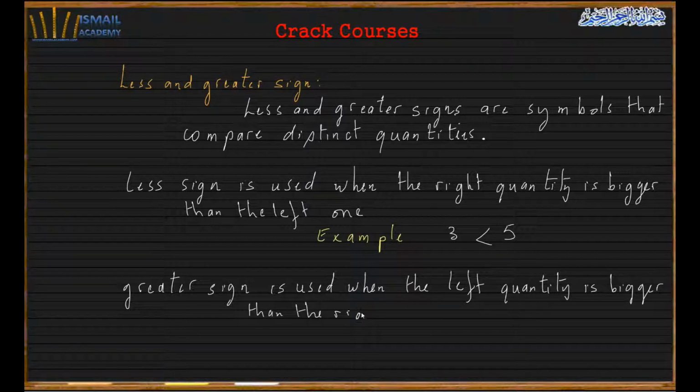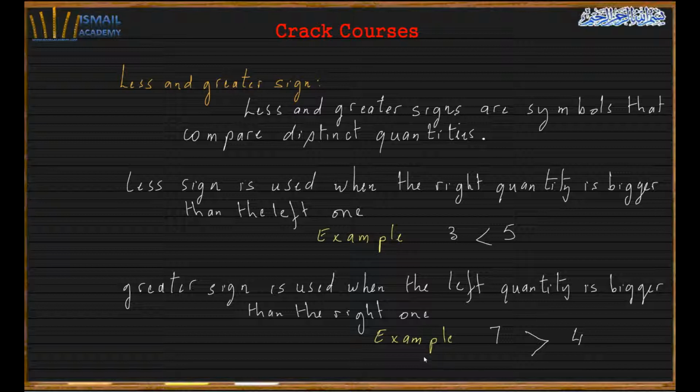So when the left one is bigger than the right one. For example, let me pick a different number so I don't confuse students. Here we have 7 is greater than 4. So this is how we use those two signs.